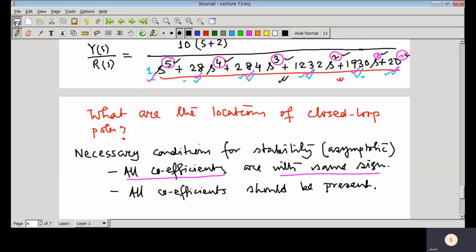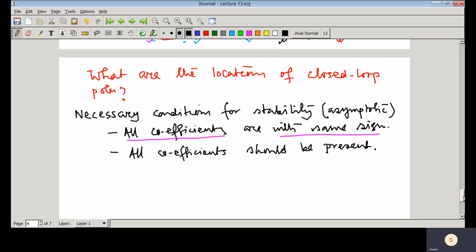If I take one simple example, suppose the characteristic equation is s cubed minus 2s squared plus 5s plus 6 equal to 0. Now you can see the coefficients are 1, minus 2, 5 and 6.